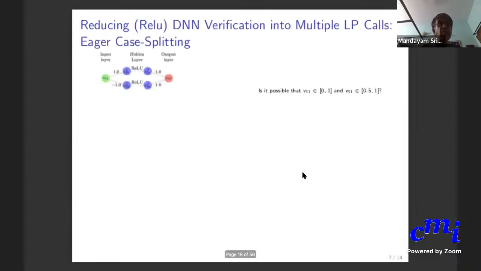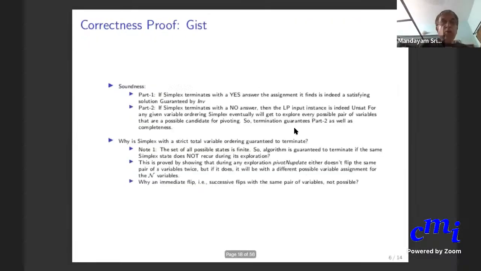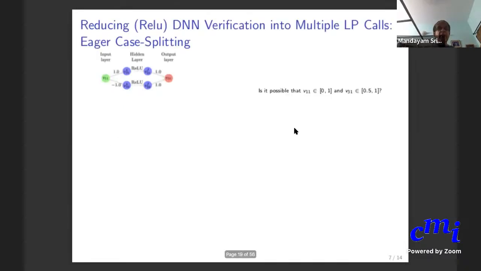So if there are no questions, then I will go on to motivating ReluPlex. I will do it using a very simple example.